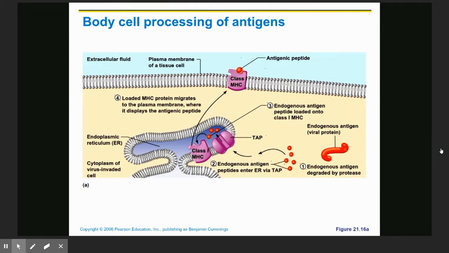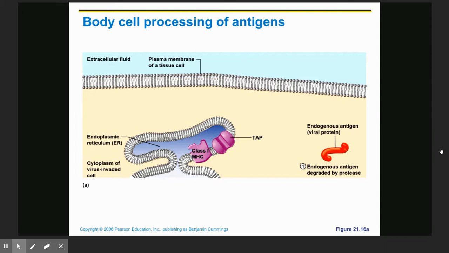So look at this. This is a body cell. This is not an antigen presenting cell. It's just a plain old body cell. Could be a skin cell, could be a muscle cell, could be a fat cell, could be an epithelial cell. It's just a plain old cell. But this cell is unlucky because look what's happened.